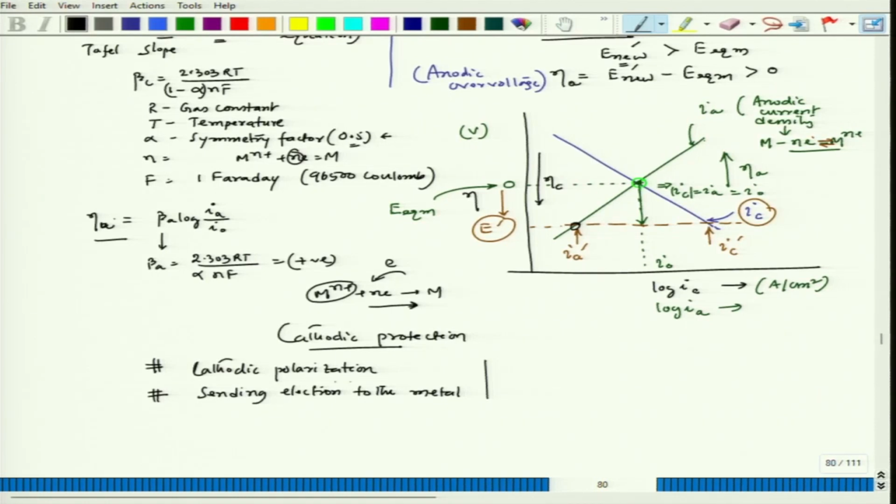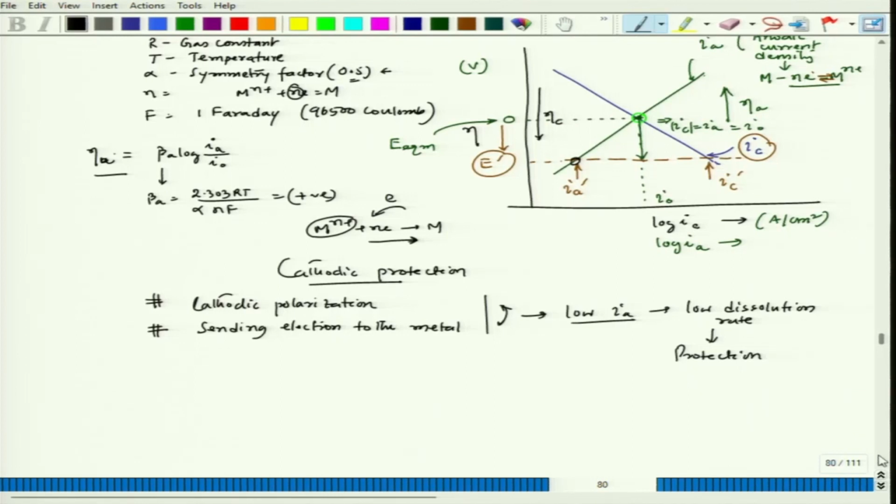These two processes, cathodic polarization and sending electrons to the metal, are interconnected. If you send electrons to the metal, it will go into cathodic polarization and lead to low Ia, lead to low dissolution rate, and lead to protection.